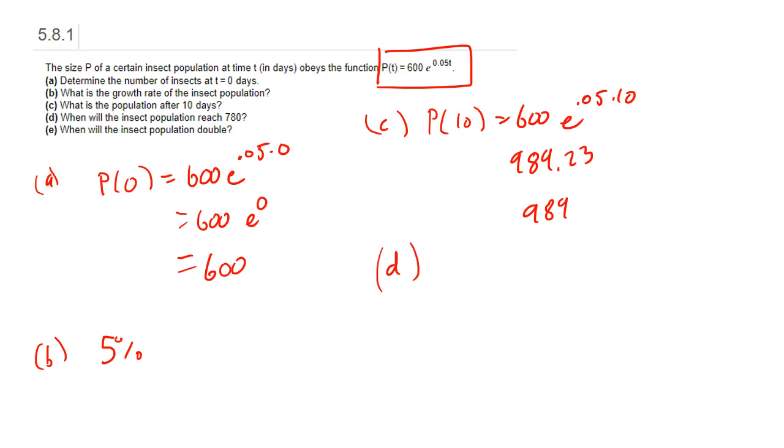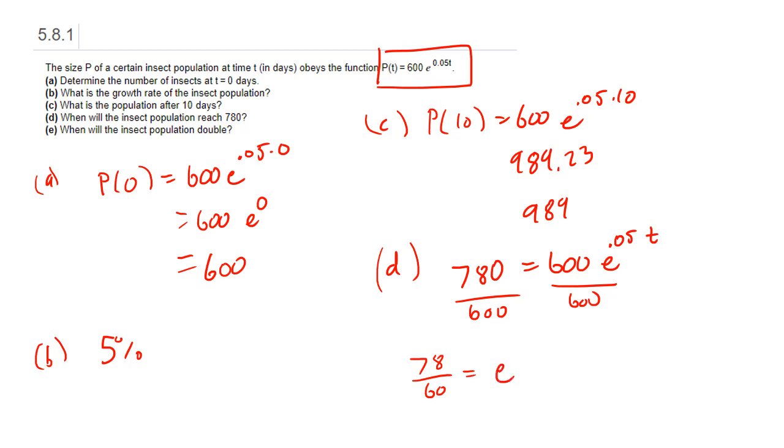So when will the insect population reach 780? Well, then I know I want the population to be 780, but the unknown is t. So if I divide by 600, we have 78 over 60 is equal to e to the 0.05t. I can convert this into a natural logarithm to get 0.05t is equal to the natural log. Let's see, 78 over 60 can be simplified further. This is going to be 39 over 30, or 13 over 10.